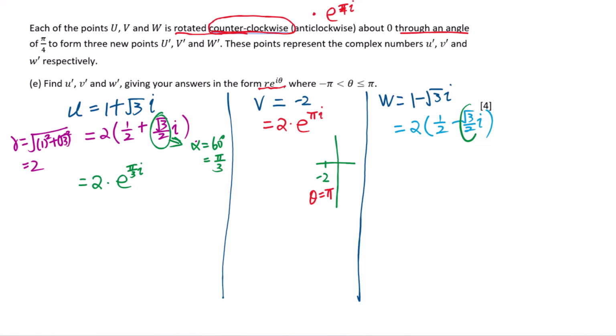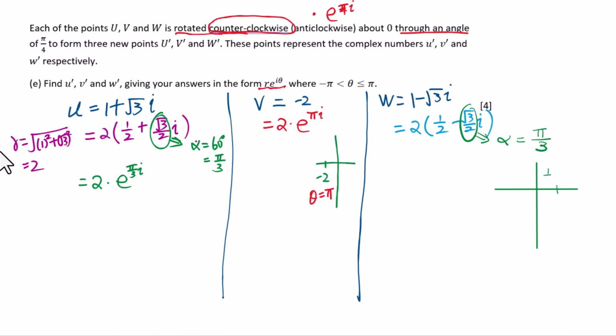Reference angle based on this imaginary part, we got alpha equals pi over 3. 1/2 minus the square root of 3 over 2 i. Reference angle is pi over 3. Go to the fourth quadrant.